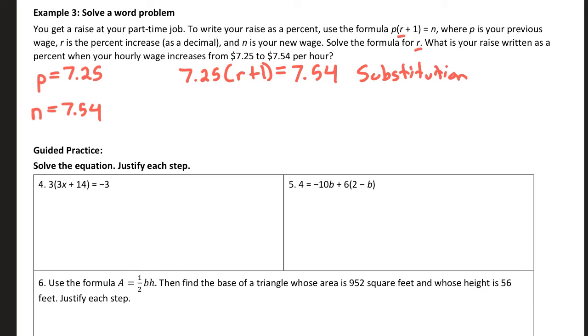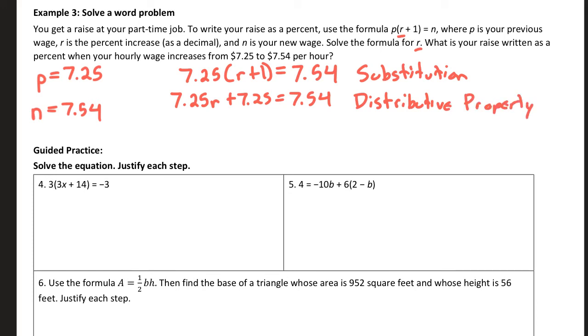So for this, I'm going to simplify the left-hand side. It becomes 725R plus 725 equals 754. The reason I could do that was the distributive property. To continue solving this, I would subtract 725 from both sides. So that's 725R equals 0.29.